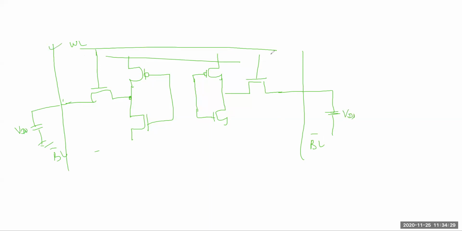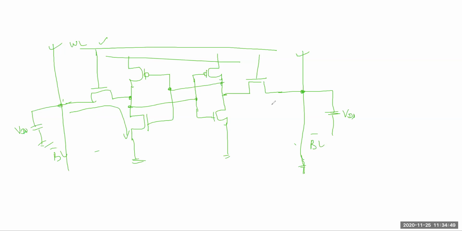Now this circuit is off. Sorry, bit line. Now when this is on, there is a direct path to ground.